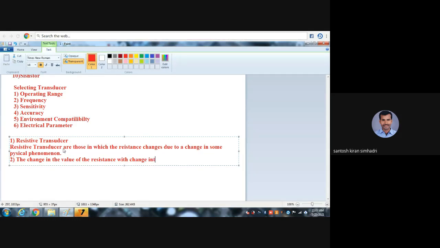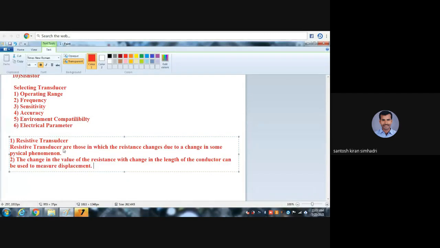Once the length changes, what happens? If the length of the conductor changes, the position is also changed. That can be used to measure what? Displacement. That is the beauty.